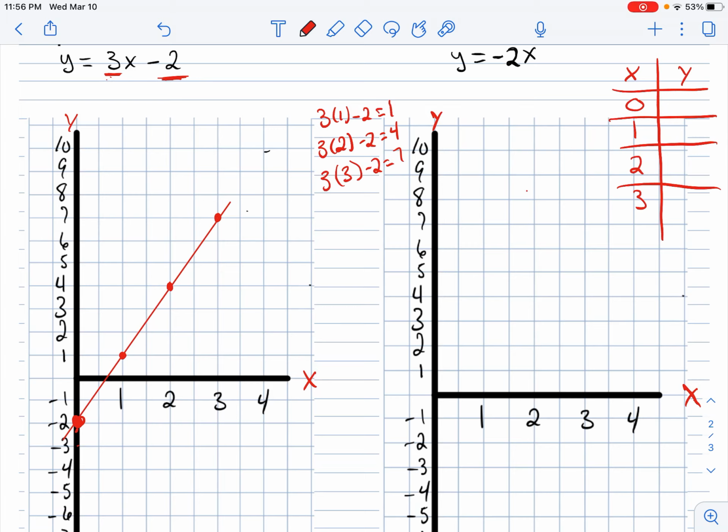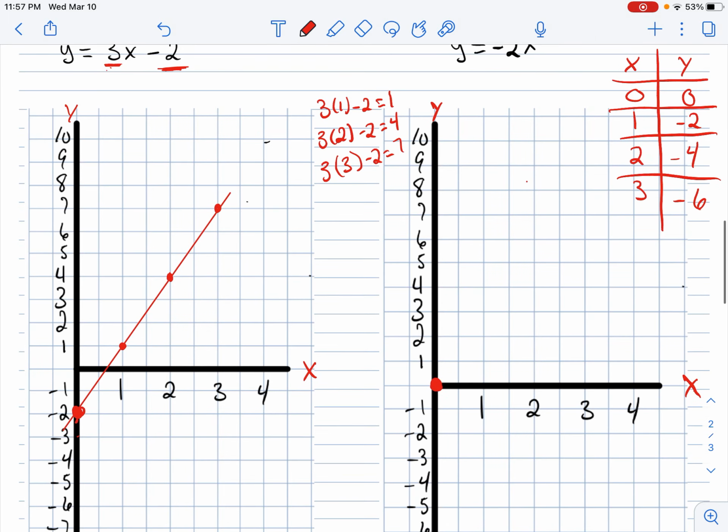All right, so when x is 0, our outcome is just going to be 0, which means it's going to pass through the origin right here. When x is 1, we get -2. When x is 2, we get -4. And when x is 3, we get -6. And all I'm doing is just plugging in my x value with what my x value is in the table, and my output is going to be my y value.